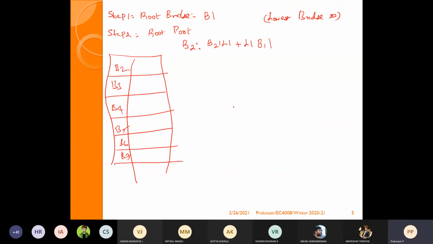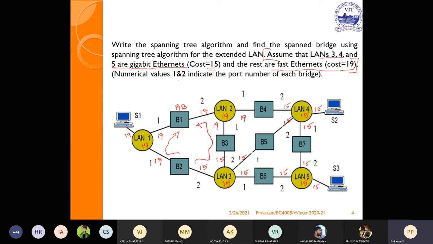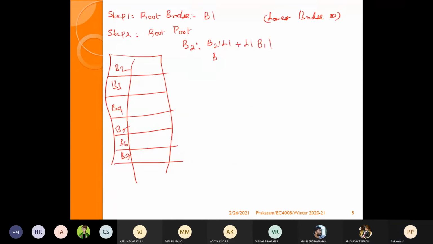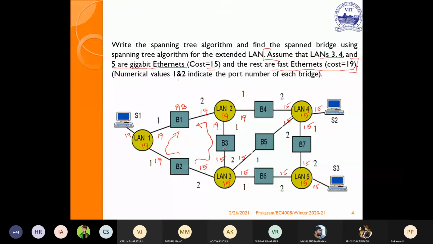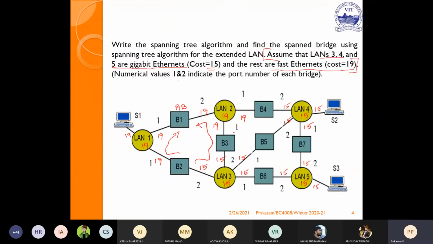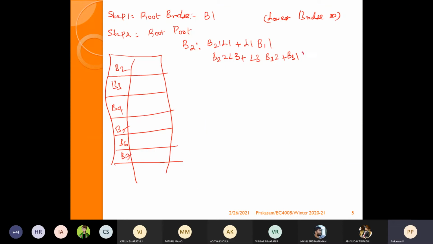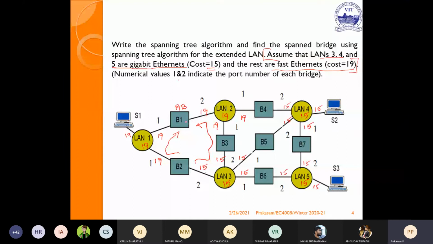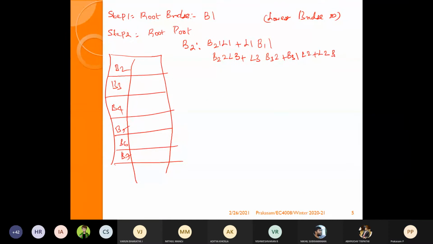This is the first part. Second part, B2 2 to LAN 3, B2 4 to LAN 3 plus LAN 3 to B3 2, B3 2 plus B3 1 to LAN 2 plus LAN 2 to B1 2.